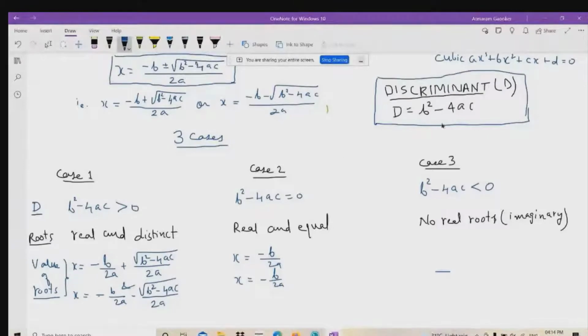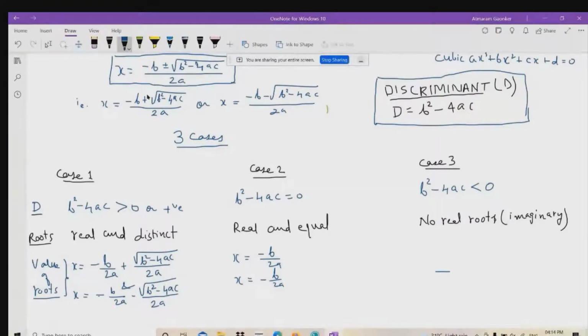In case 1, if the discriminant b square minus 4ac is greater than 0, that is a positive value, then the roots are real and distinct. And the values of the roots are given as x is equal to minus b upon 2a plus square root of b square minus 4ac divided by 2a.